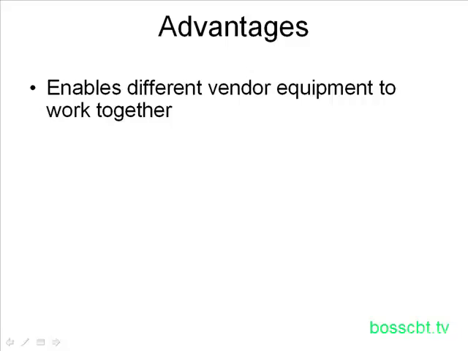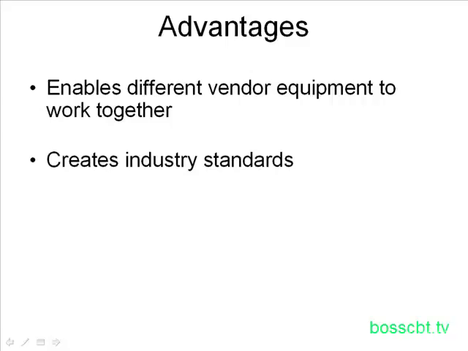As a consumer, now you have many different options to buy when you're going to put together a network. You're not locked into one vendor. Not only that, but different networks between different companies can now interact and work because the equipment is based on the same blueprints. That means we're creating industry standards, and these standards are adhered to by everybody, and they're enforced by everybody. This makes life a lot easier.